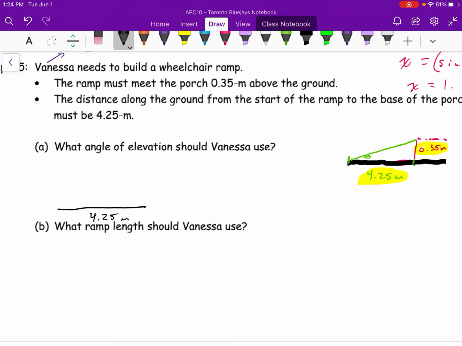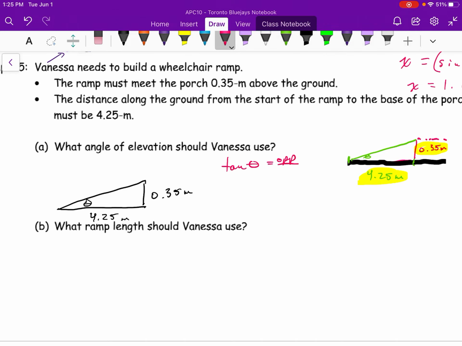Now that's 4.25 meters. The height here is 0.35 meters. What is my angle of elevation? So there's the horizontal, my angle of elevation.